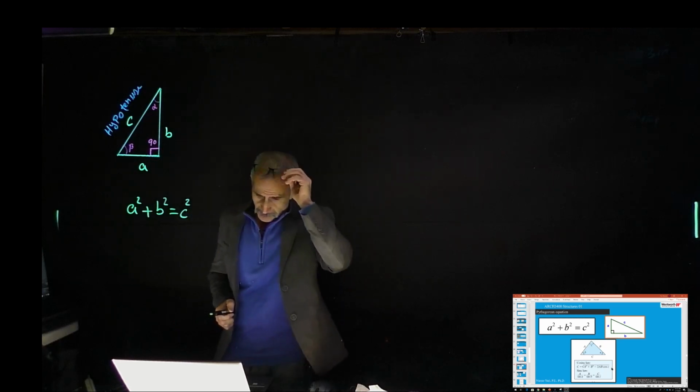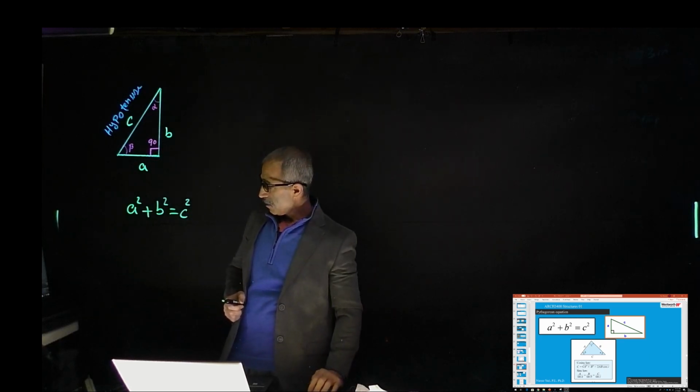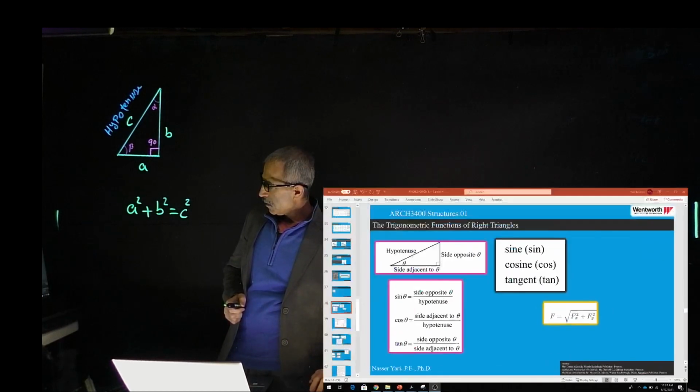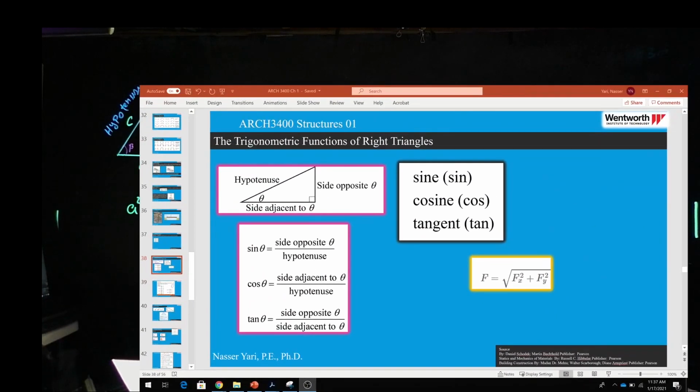Let me pull up what I have on my PowerPoint. There we go, right here. Looking at the right triangle, we have the sine, cosine, and tangent functions.